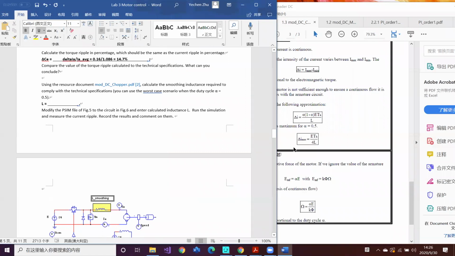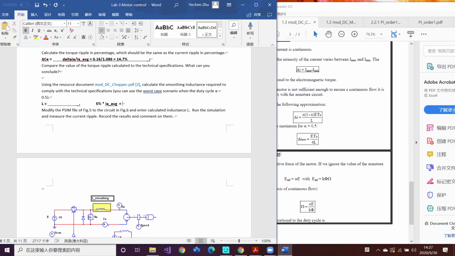Look at this equation, okay? For the left-hand side, we want to know our delta I max. Our delta I max is 5% of our average. So the left-hand side is 5% times your average IA value.